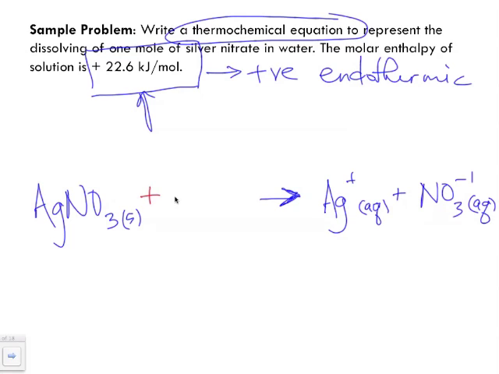Well, we're going to put here plus 22.6, but not kilojoules per mole, but kilojoules. So for 1 mole of AgNO3, it will absorb this amount of heat in order to form its respective ions when dissolved in water. But in terms of heat, this is the amount of heat that won't go in that direction. It will actually be absorbed.